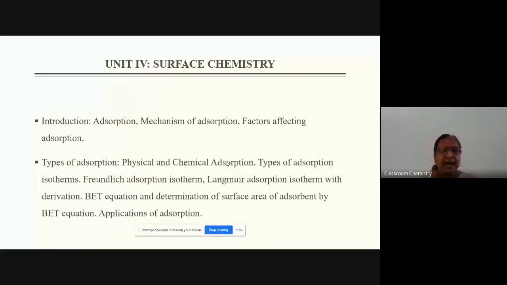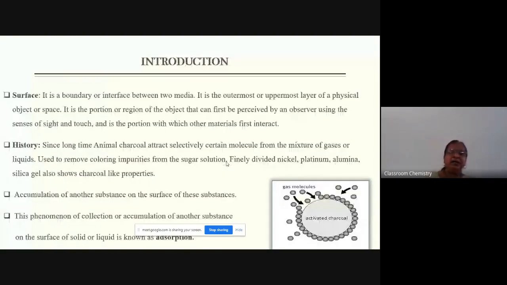In that, we also have to consider in detail the Freundlich adsorption isotherm and the Langmuir adsorption isotherm, and its derivation. Then the BET equation and how this BET equation can be used for the determination of surface area of adsorbent. And we have to consider the various applications of adsorption. Let us consider first the introductory part of this surface chemistry.